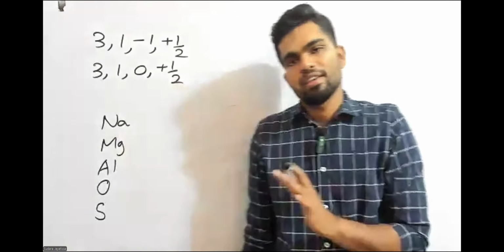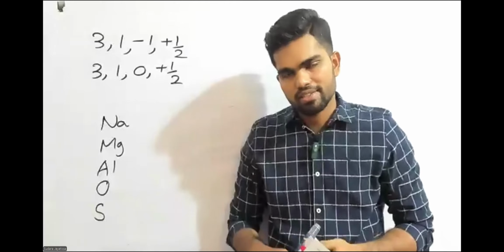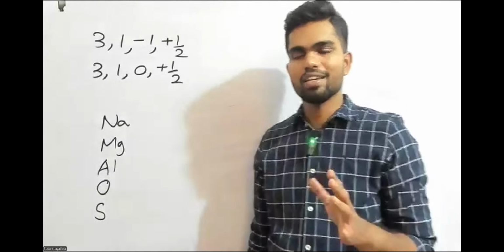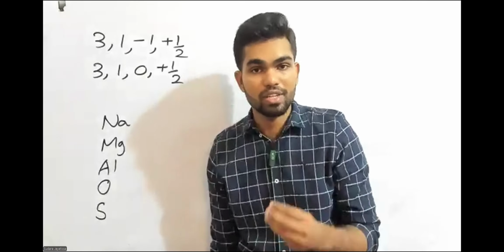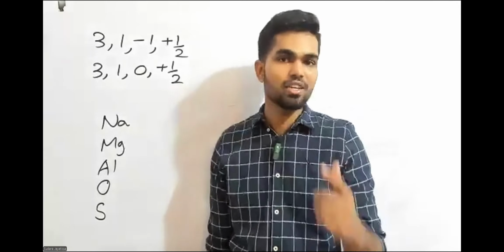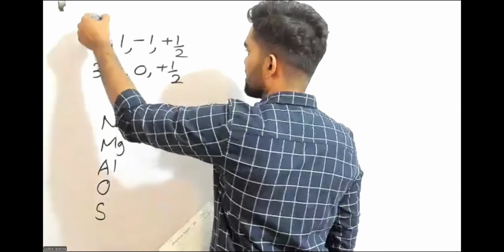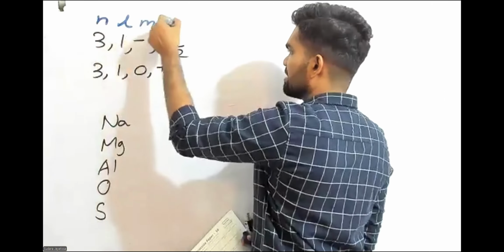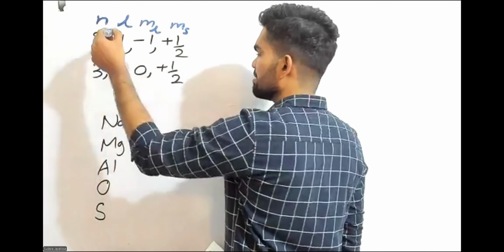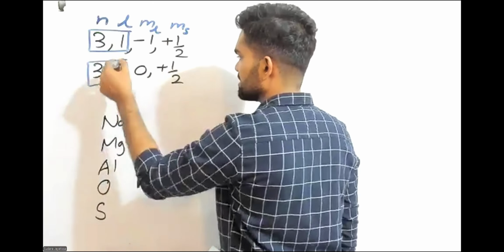Now here's the thing. When you look at these quantum sets, there are 4 numbers. They tell you the possible location of the electron, and finally the spin of the electron also. So these 4 quantum numbers are n, l, ml, and ms. The first quantum numbers tell you the sub energy level.